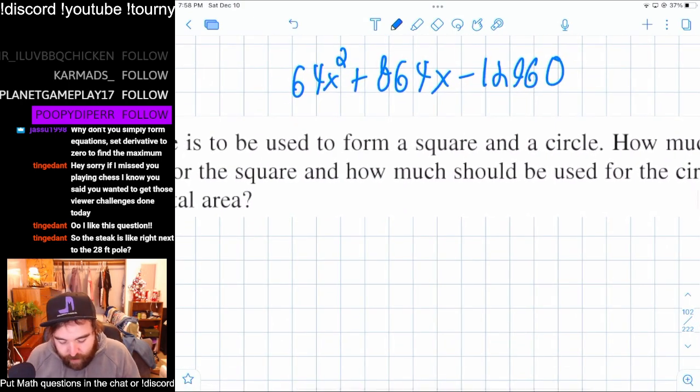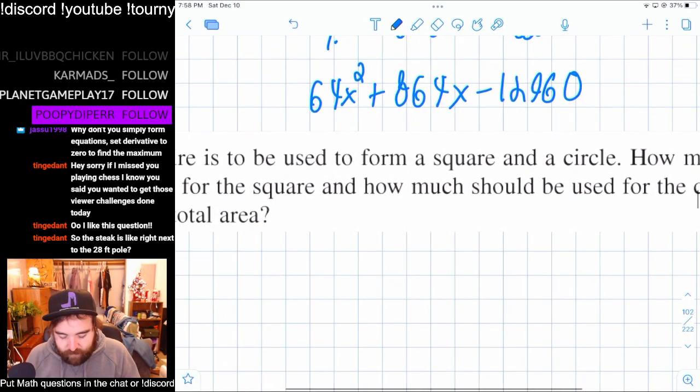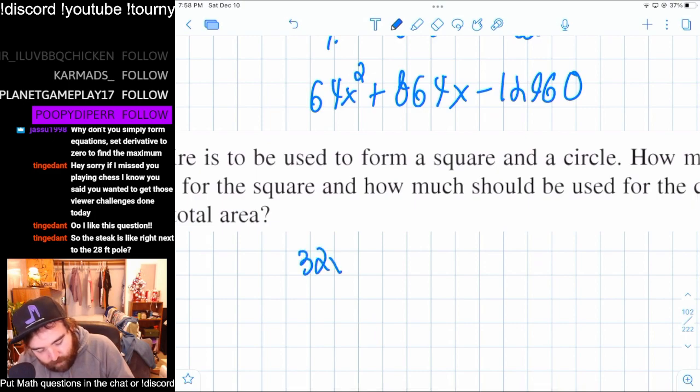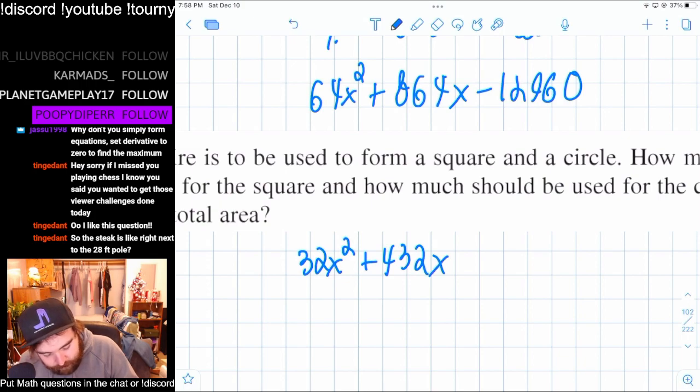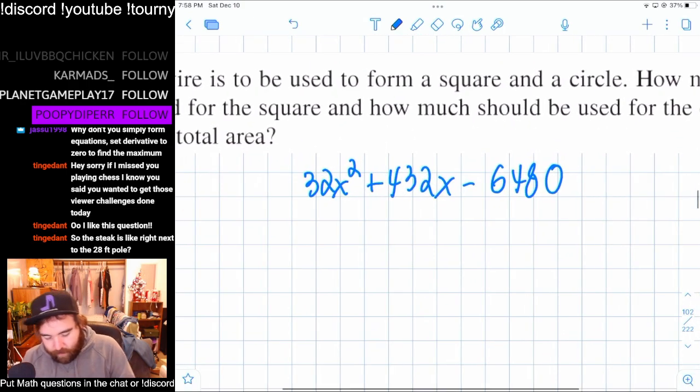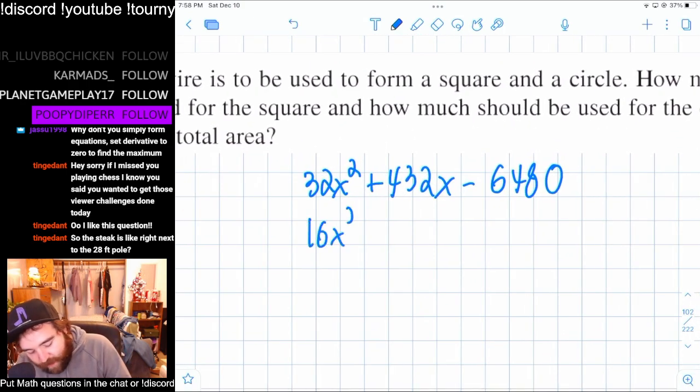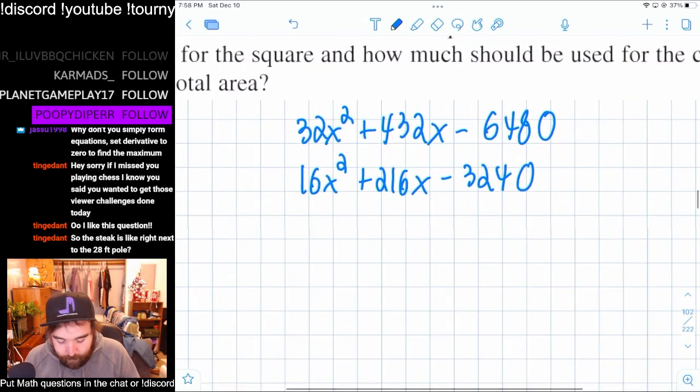Now I'll do the divide by a bunch of stuff game. So 32x squared plus 432x minus 648 with a 0. And do it again. 16x squared plus 216x minus 3284 with a 0.